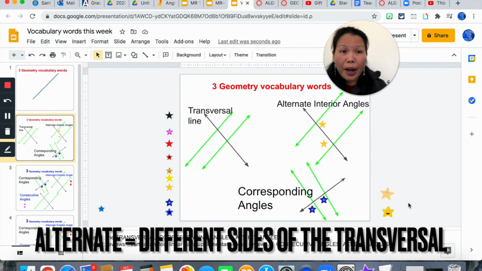We also have another pair of alternate interior angles and I'm going to use a red star this time to show you. These are also on the inside, and on different sides of the transversal line, so we also have alternate interior angles.